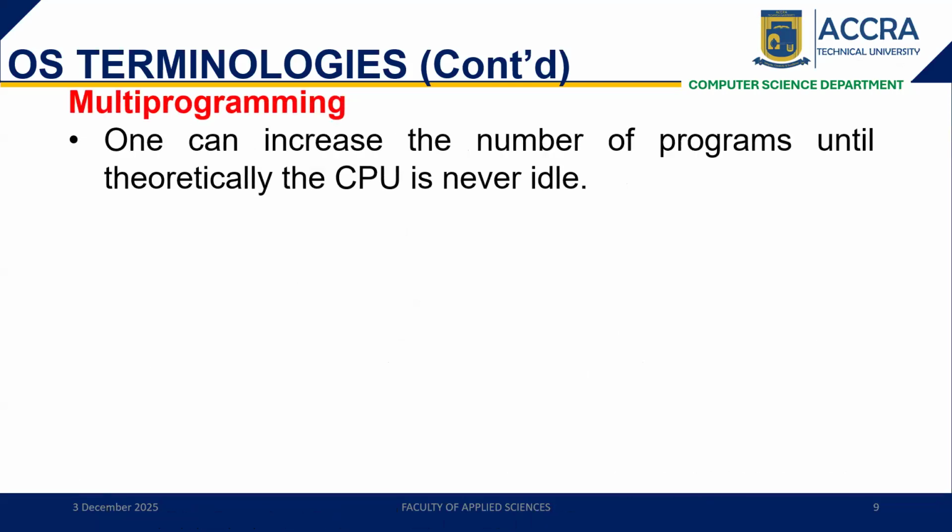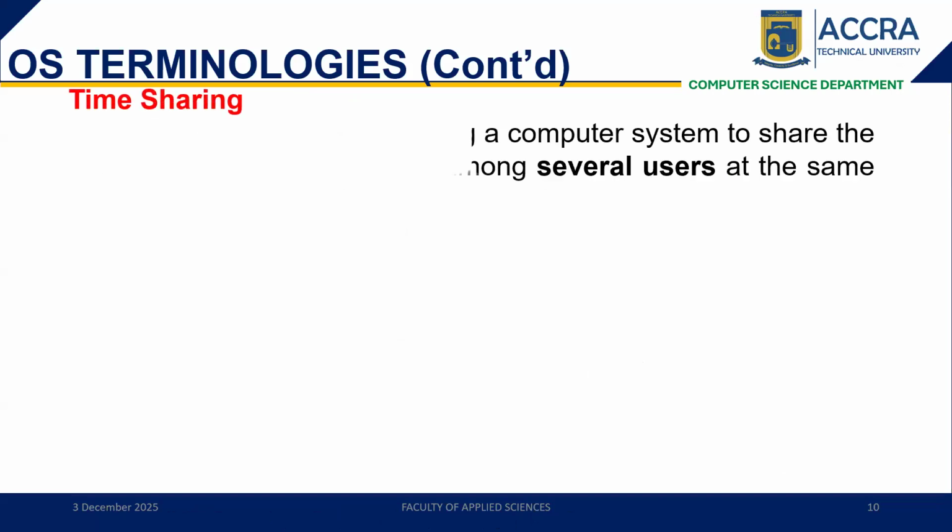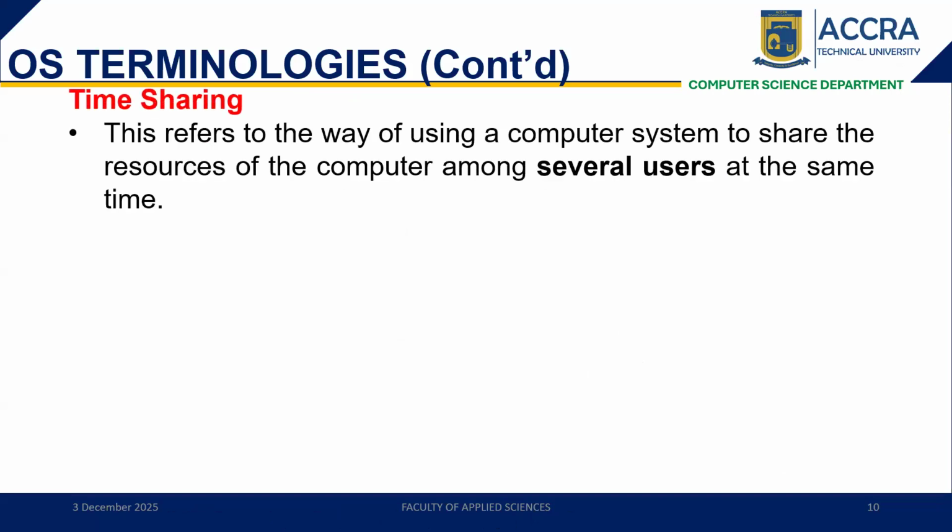All right, so there is another term called time sharing. Time sharing refers to the ways of using a computer system to share the resources of the computer among several users at a time, especially in situations where you have one server which is being used by multiple clients.